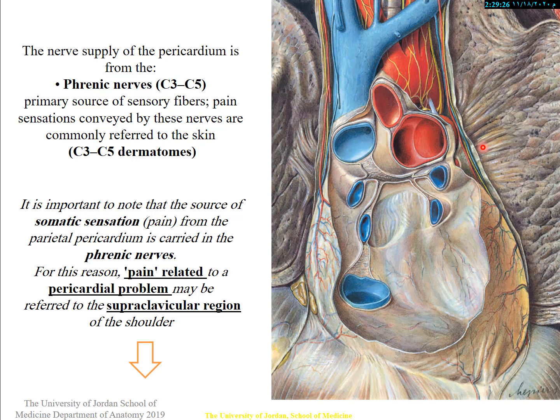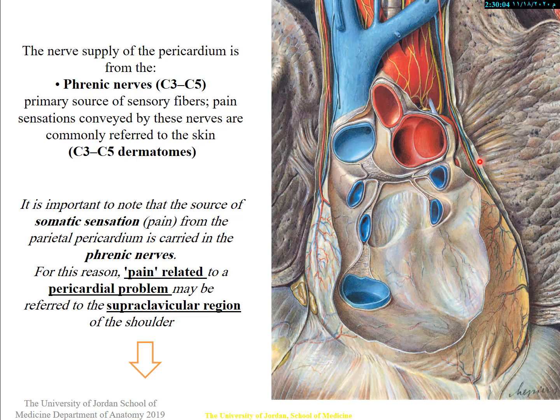As I mentioned, the fibrous pericardium's pain, or the sensory input, is transmitted by, of course, the phrenic nerve, which is, by the way, mixed. It has sensory and motor fibers to the diaphragm. And it gets sensory inputs, which is also of great clinical value, from the peritoneum, from the diaphragm, and from the pericardium.